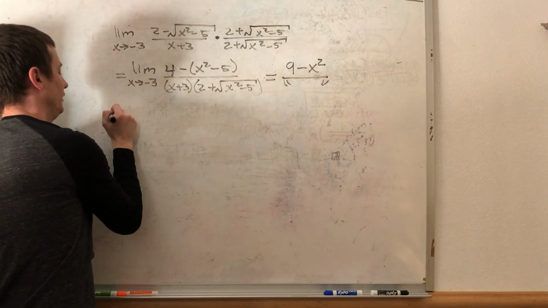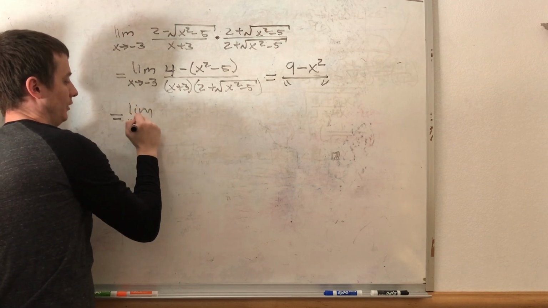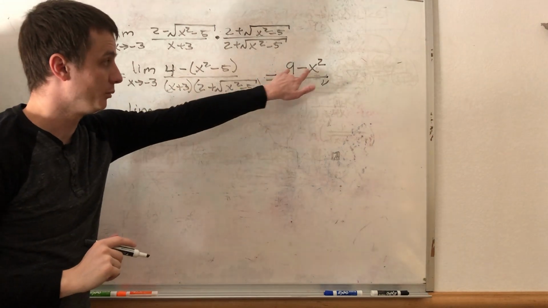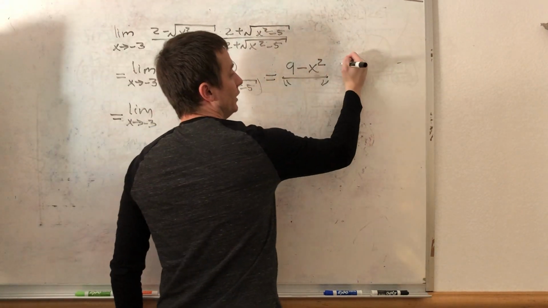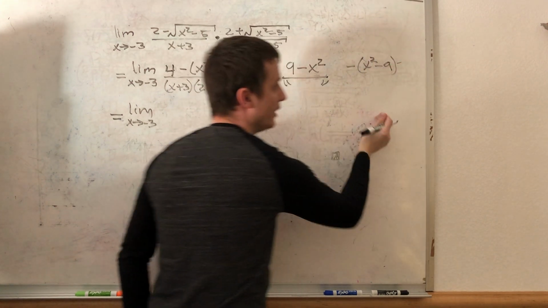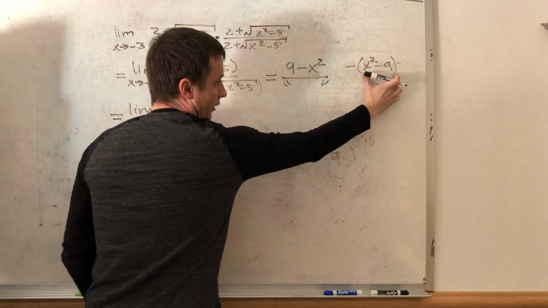Okay, so now this is equal to the limit as x approaches minus 3 of my numerator, which can be rewritten as negative x squared minus 9. This we're used to, and then we know how to factor that.